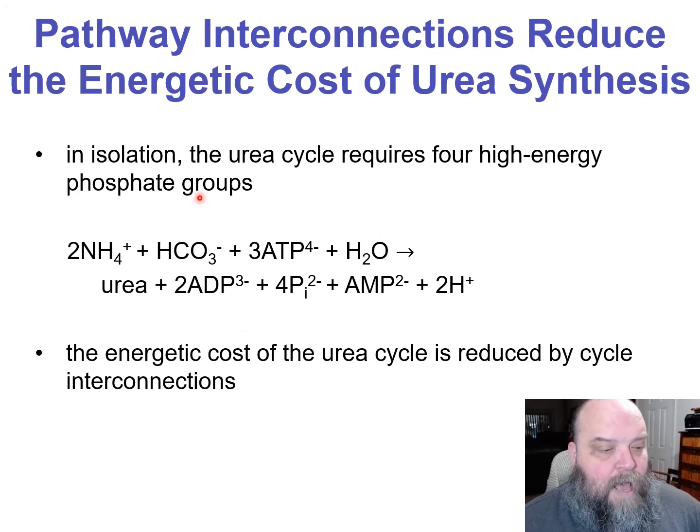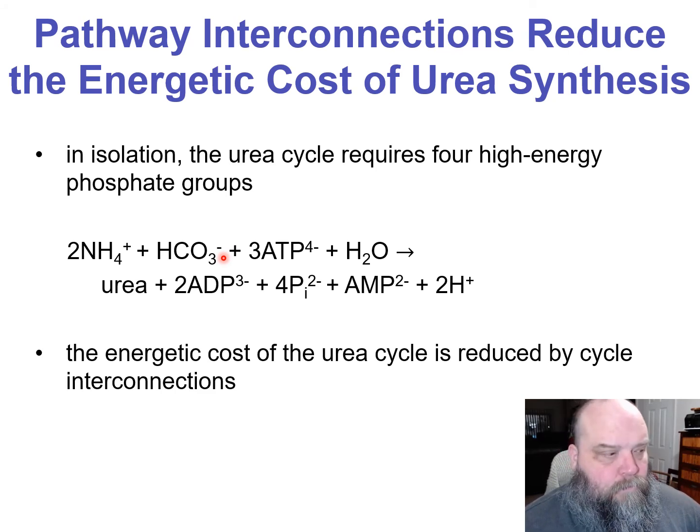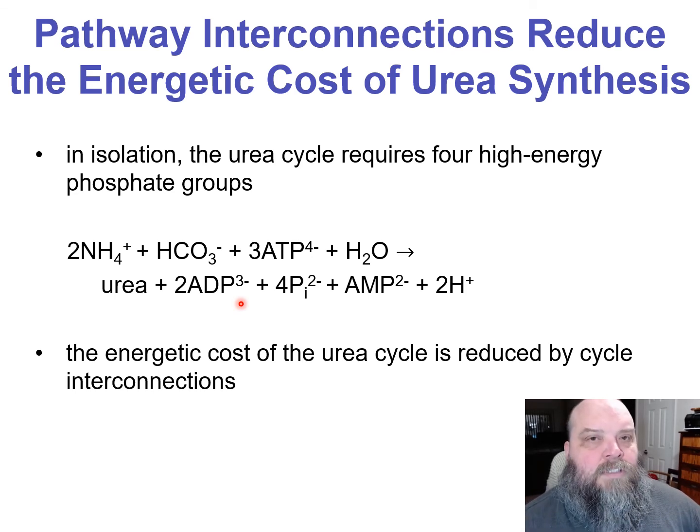Turns out, on paper, this reaction should be extremely pricey, energy-wise, extremely endergonic. But, as I pointed out in weird ways on multiple other slides in this lecture, many of the steps we've been talking about piggyback the steps of other cycles, other metabolic pathways.